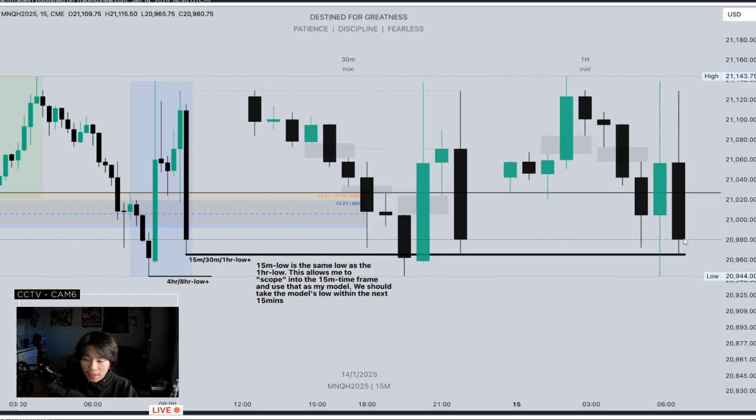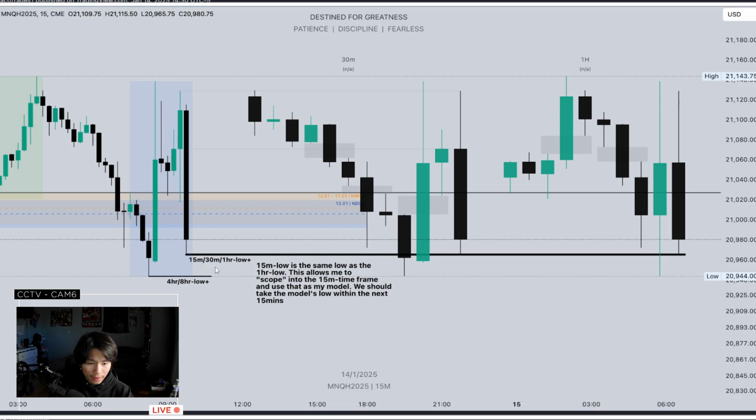This allows me to scope into the 15-minute time frame as my model, instead of basing my model on the hourly time frame. Essentially, that means that instead of us completing the objective within the next hour, we should complete the objective within the next 15 minutes, because the 15-minute candle is also suggesting that we should continue lower at that point in time.